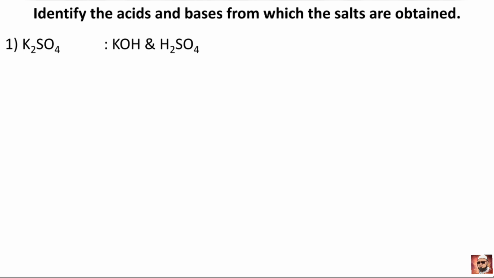And how can we know that this acid and base are used for the formation of the salt K2SO4? Let's see the explanation. K2SO4 is a salt which reacts with water, H2O, that can be written as HOH, and it forms KOH plus sulfuric acid H2SO4.